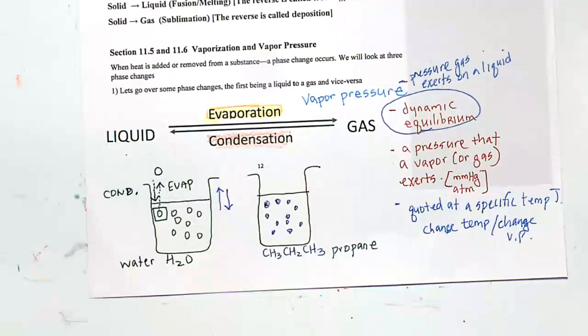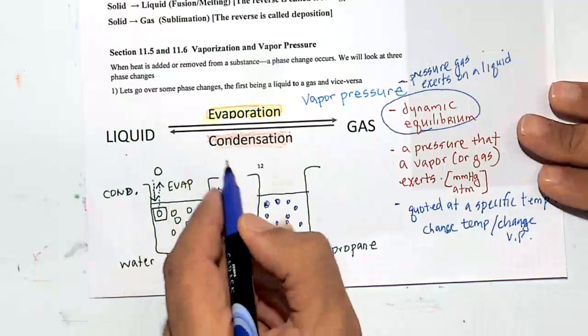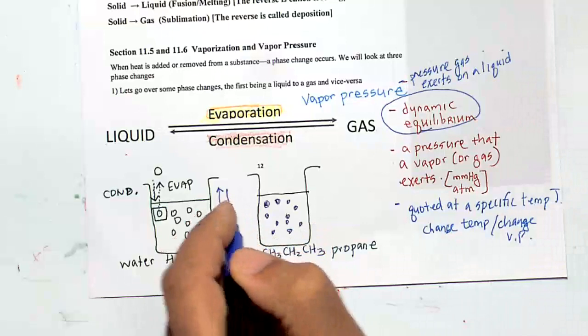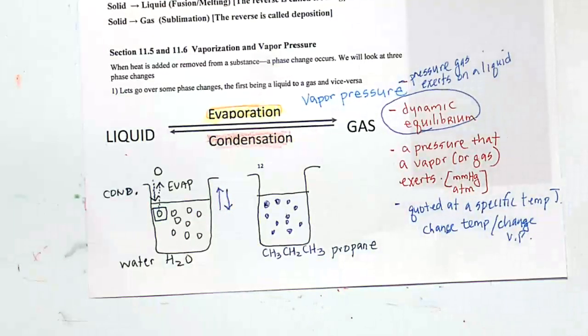It condenses, it evaporates. Once it condenses back into the liquid, it can exert a vapor pressure.